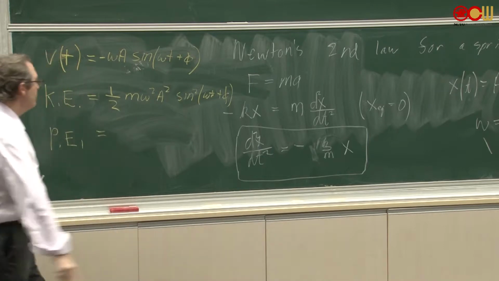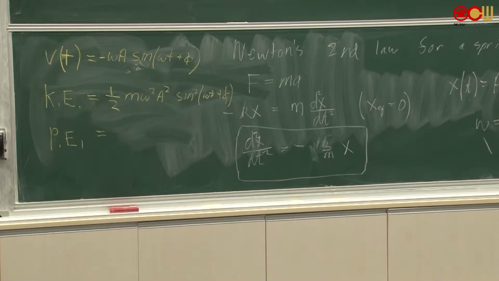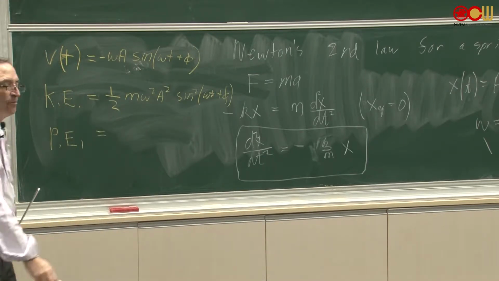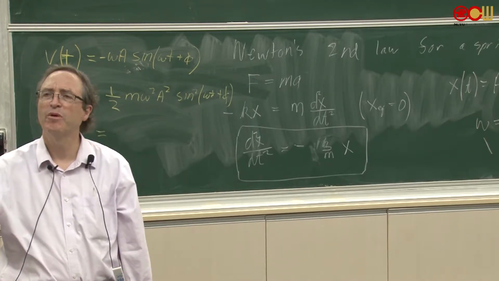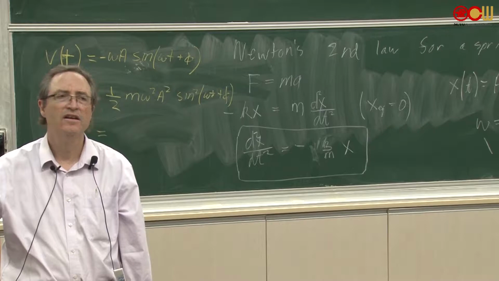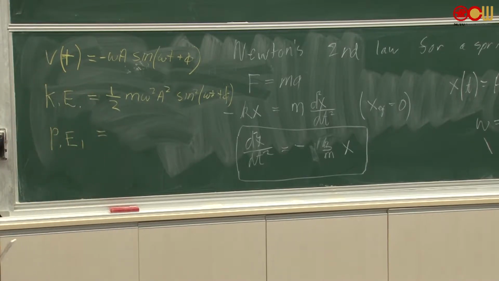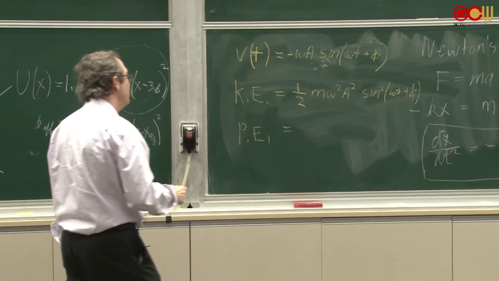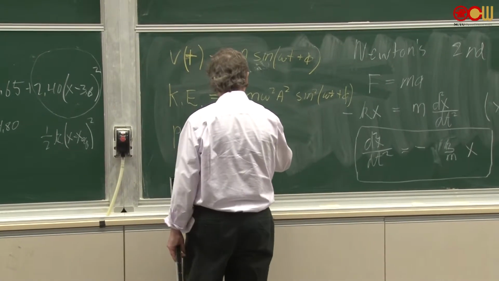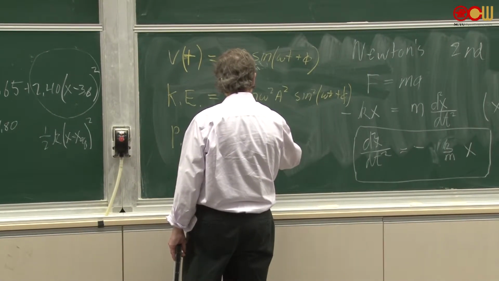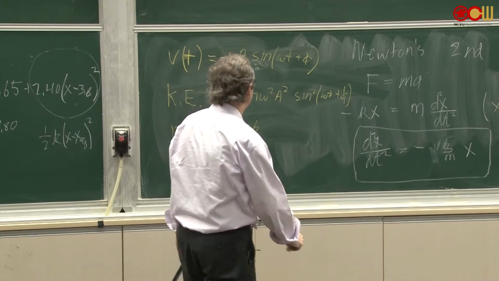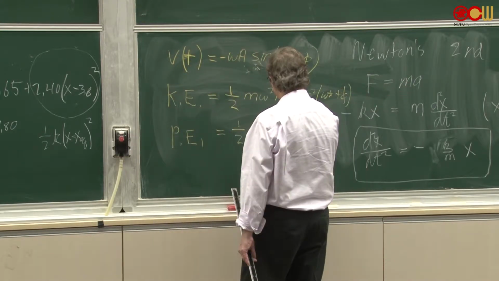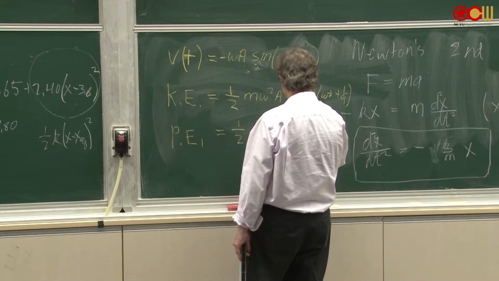All right, what about the potential energy? Remember, what is the potential energy of a spring with spring constant k? Yeah, so it's 1/2 kx squared. So I have another 1/2. I have a k. And what's x squared? Over there. A squared.